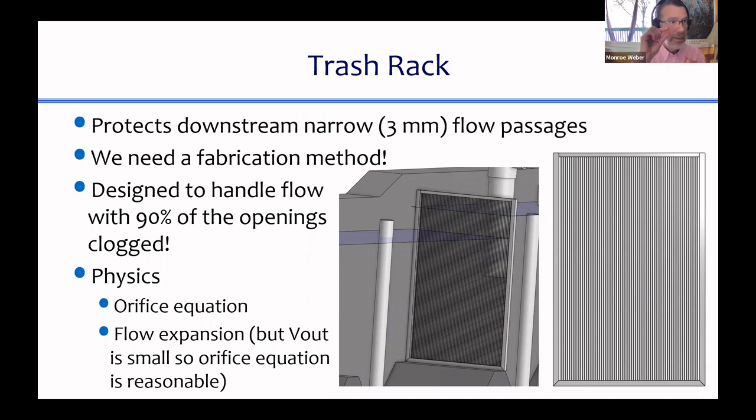So there's a gap that the water has to flow through that's only 3 millimeters wide. And that means that our trash rack has to catch everything that's bigger than 3 millimeters. Otherwise, it's going to land in these diffusers that are in the bottom of our sedimentation tank. They're going to clog and it's going to be a maintenance issue.